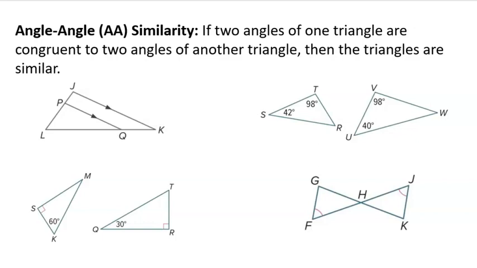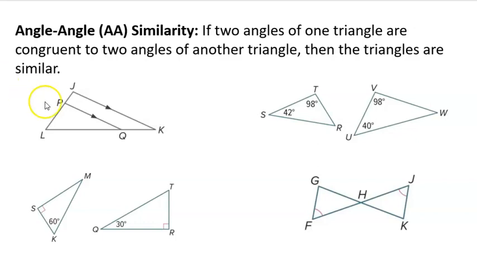We kind of hinted at this in another video where we were talking about triangle congruency, and that angle-angle wasn't working because we didn't have enough information, and it really led to the fact that the triangles could be of a different size. So now once we know that two of the angles are congruent, we can assume that the third is congruent because they all have to add up to 180, and that leads us into angle-angle similarity.